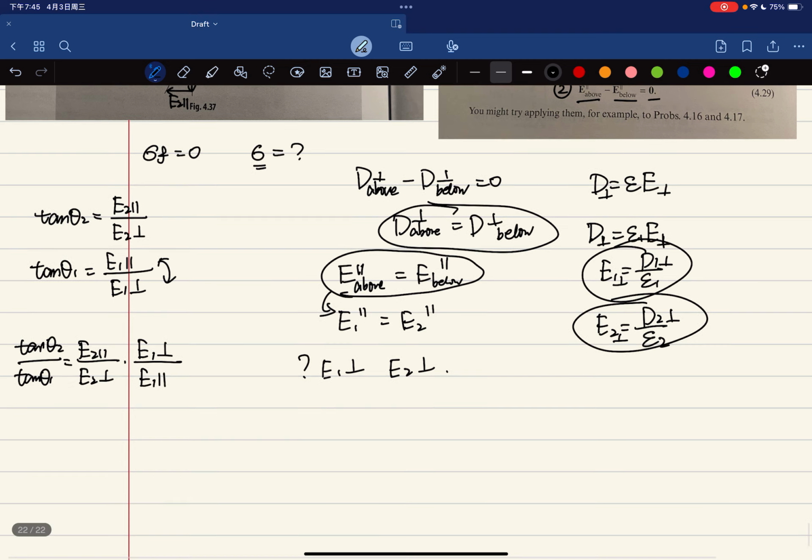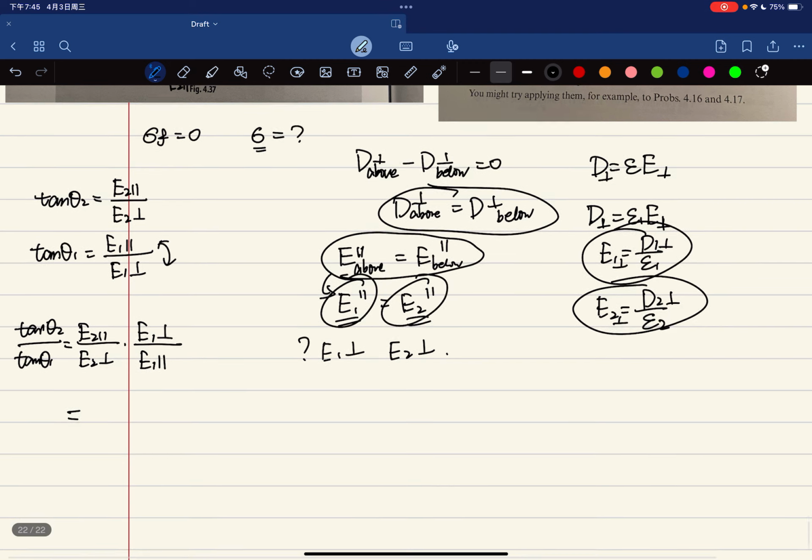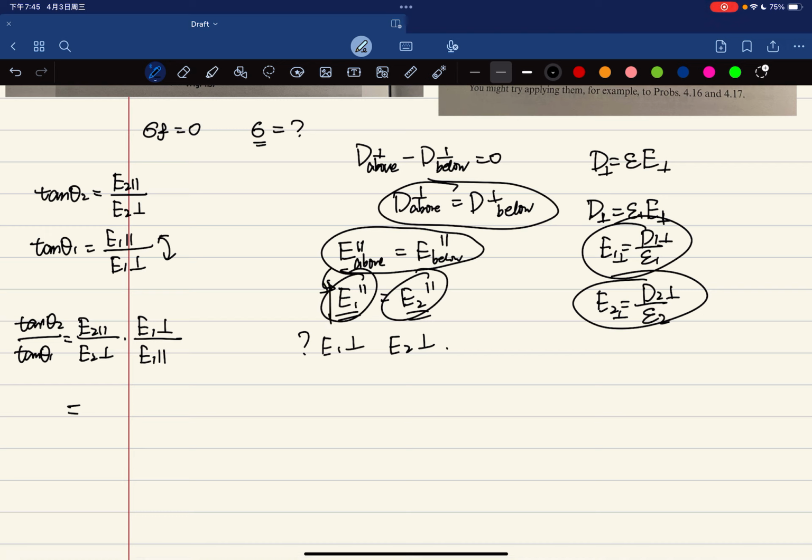Now plug in everything. Because they're equal, I can choose either one of them because they will cancel at the end. Let me keep this one. So E2 parallel is equal to E1 parallel, and E2 perpendicular is equal to D2 over epsilon 2.